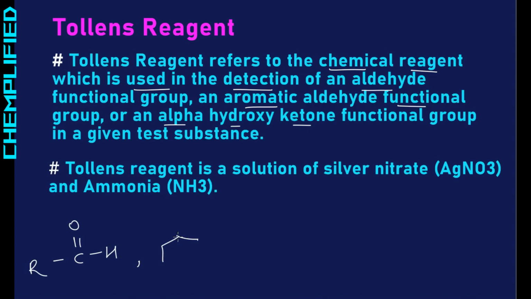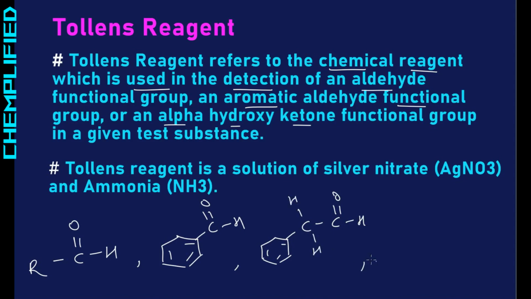Second, aromatic aldehyde. Right, it will detect aromatic aldehyde, and it will also detect this kind of compound if an aromatic ring is there. The last one is alpha hydroxy ketone.